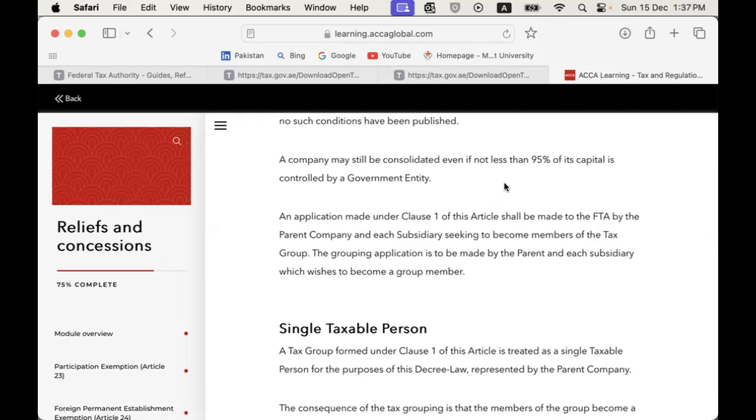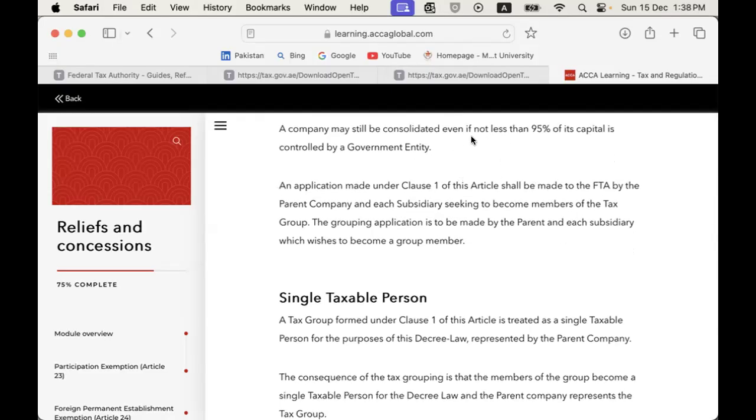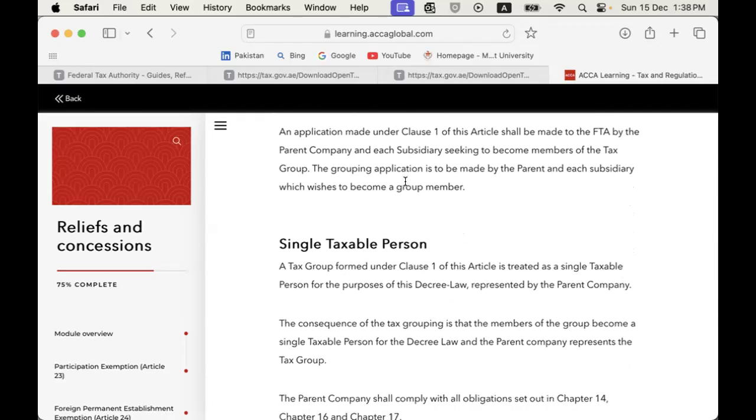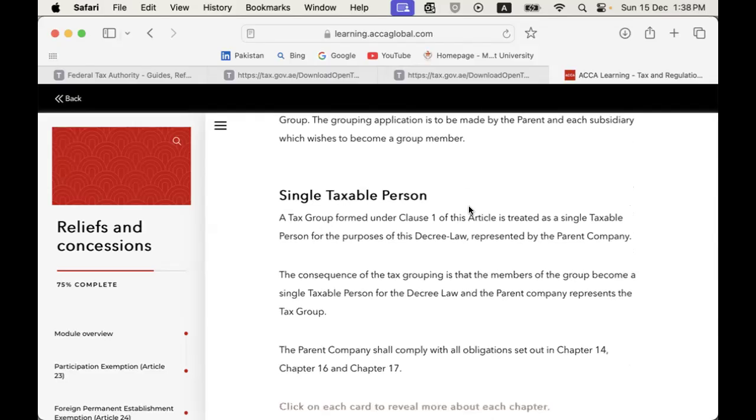And when we talk about forming a tax group, we are referring to that commercial operation under a trade license from a supervising body. The company may still be consolidated even if not less than 95% of its capital is controlled by a government entity. So an application will be made.